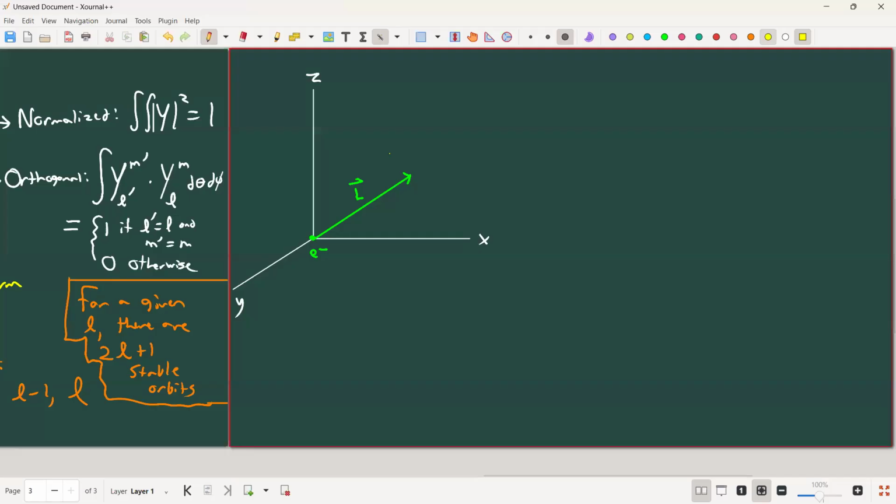We can always write this as a set of components. So there's an LZ component, there's an LX component, and there's also an LY component in this direction.